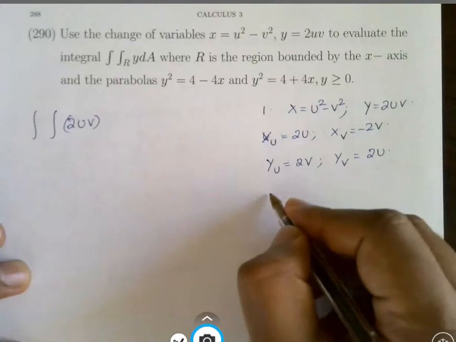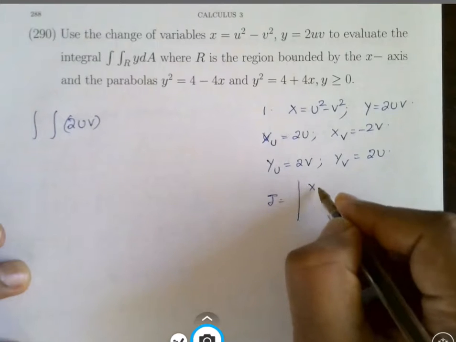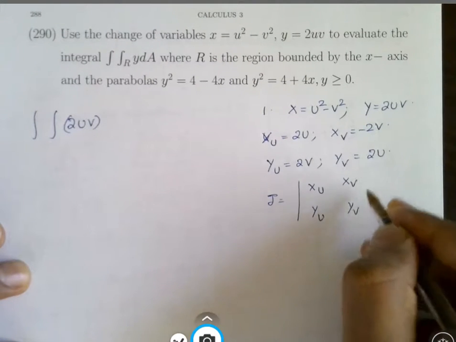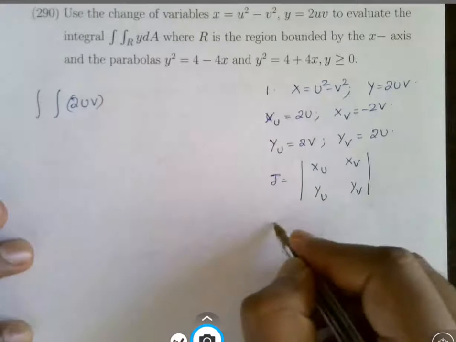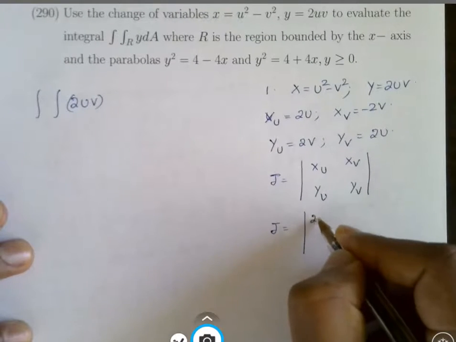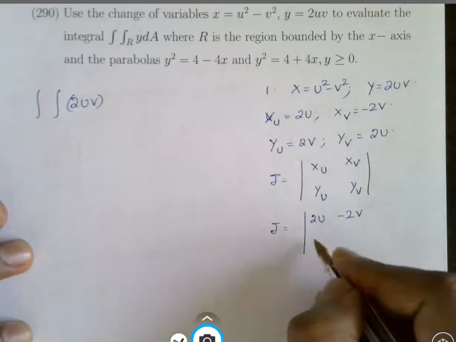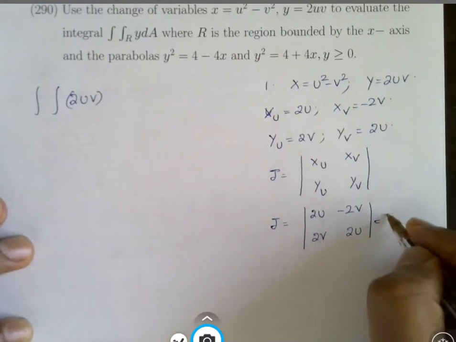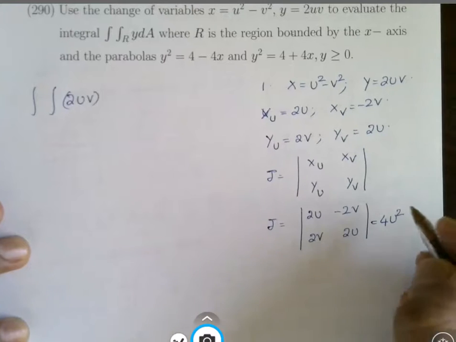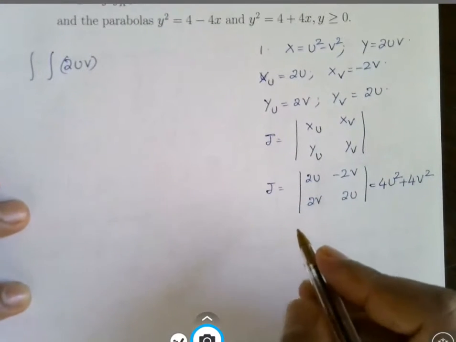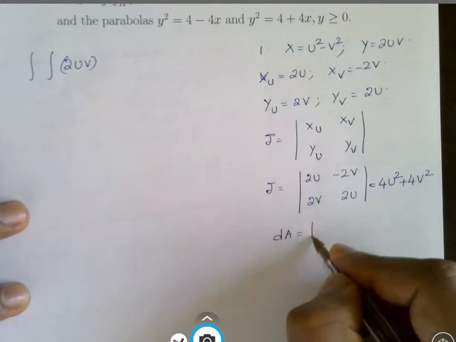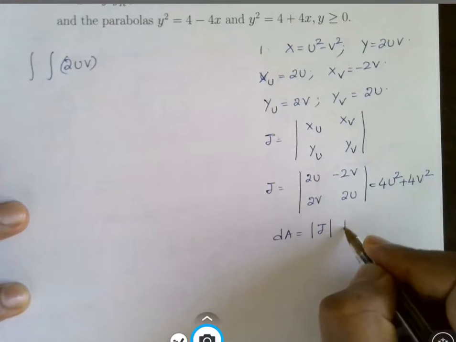So my Jacobian here is going to be the determinant of x_u, x_v, y_u, y_v, which is 2u, negative 2v, 2v, and 2u. So which is going to be 4u squared plus 4v squared. Now if I want to transform, dA is going to be the absolute value of the Jacobian times du dv.